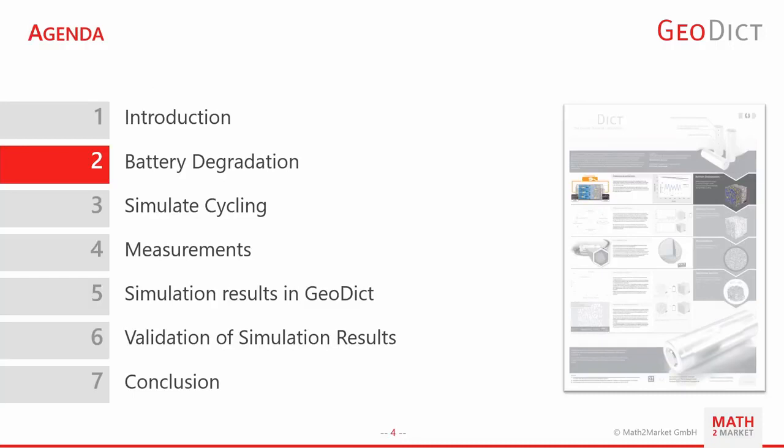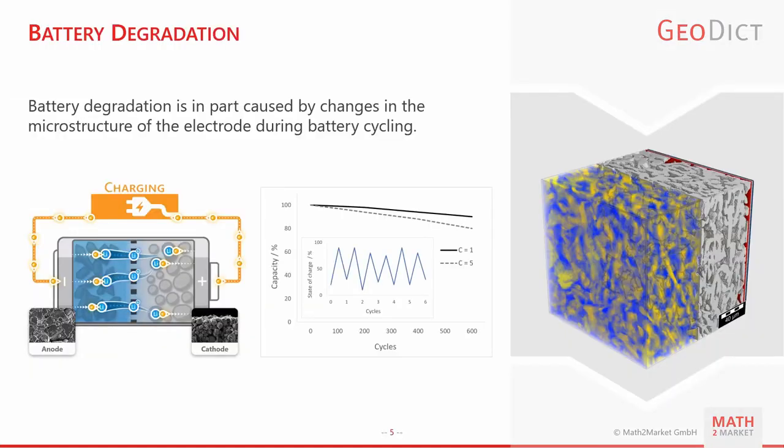There are several reasons why a battery may age and finally fail. One important mechanism contributing to this aging is mechanical degradation. Lithium that enters an electrode during charging or operating a lithium-ion battery leads to expansion or contraction of the active material. The local lithium concentration determines the extent of this expansion or contraction that causes mechanical stresses on the micro and macro scale.